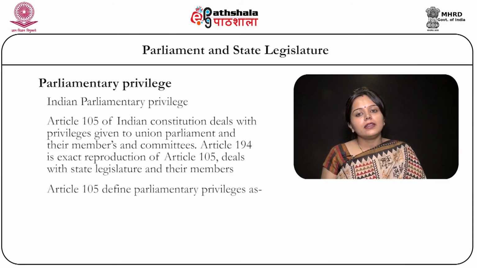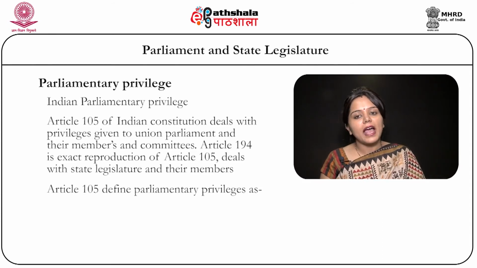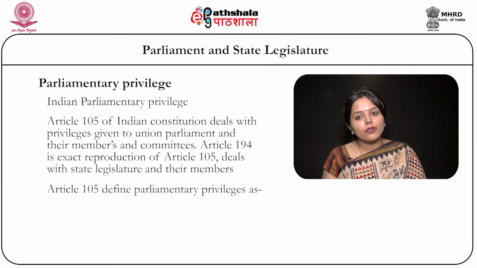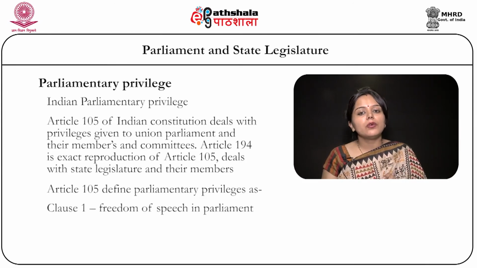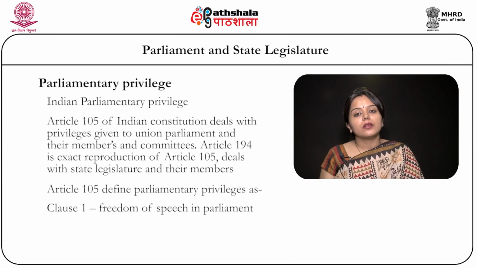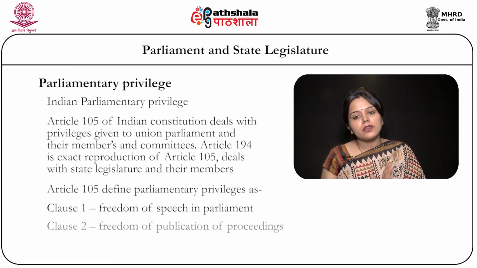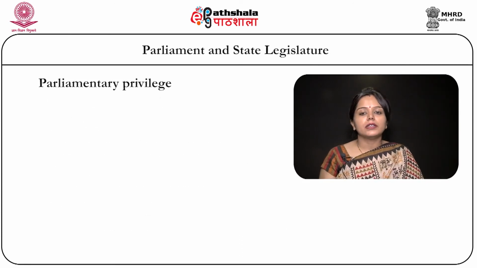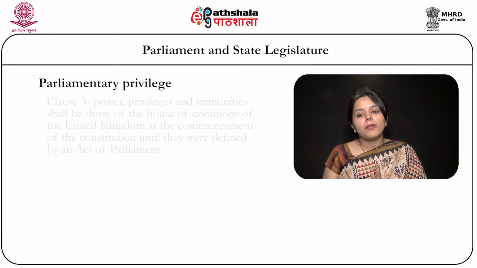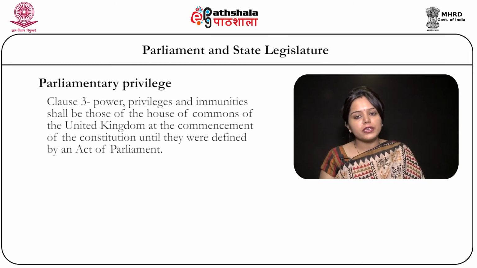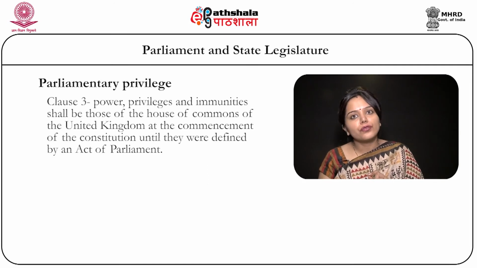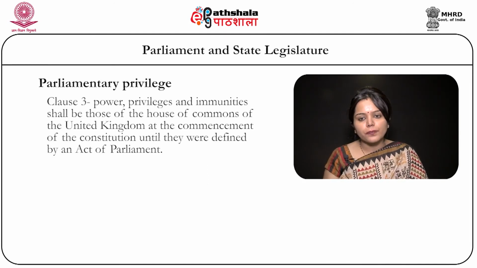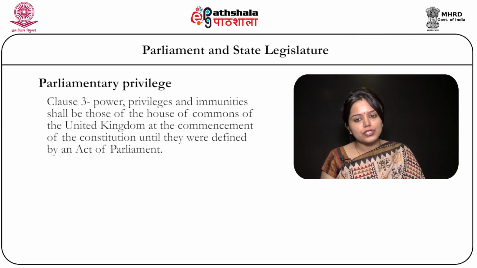Now, I would like to define Article 105, which gives the parliamentary privileges, as follows. Article 105 clause 1 gives the freedom of speech in parliament. Article 105 clause 2 gives the freedom of publication of proceedings, and clause 3 of Article 105 gives that powers, privileges and immunities shall be those of the House of Commons of the United Kingdom at the commencement of the Constitution until they were defined by an Act of Parliament.